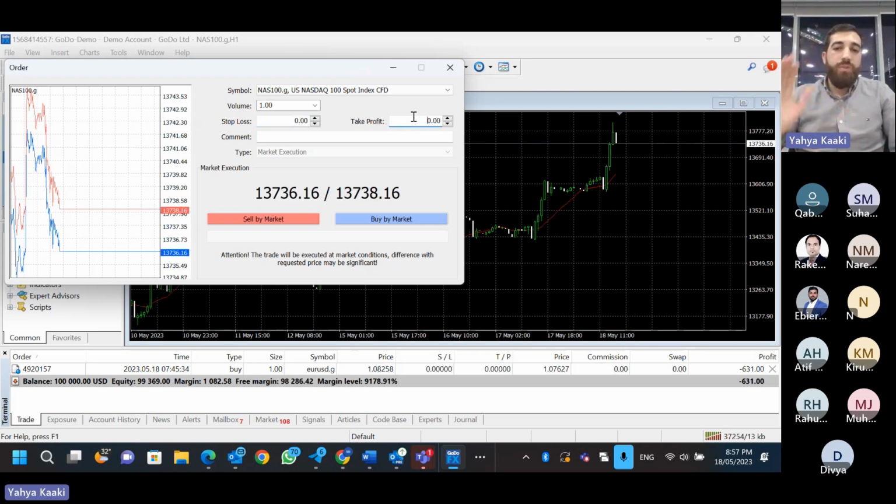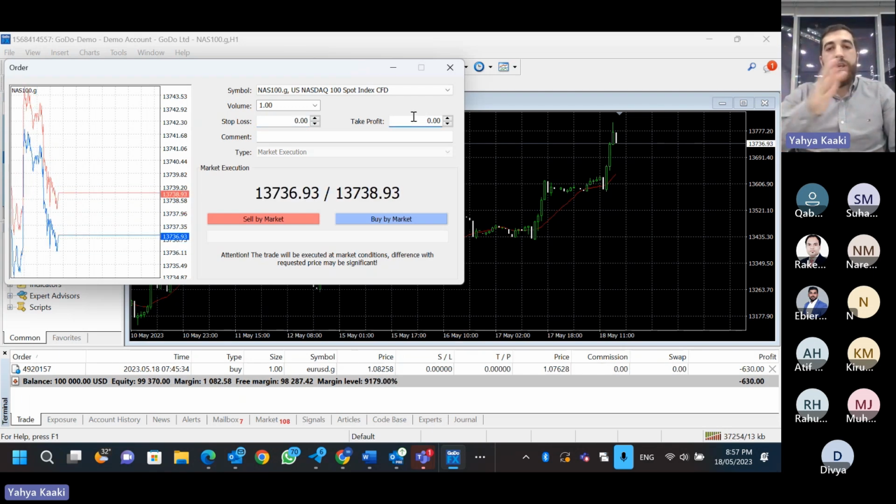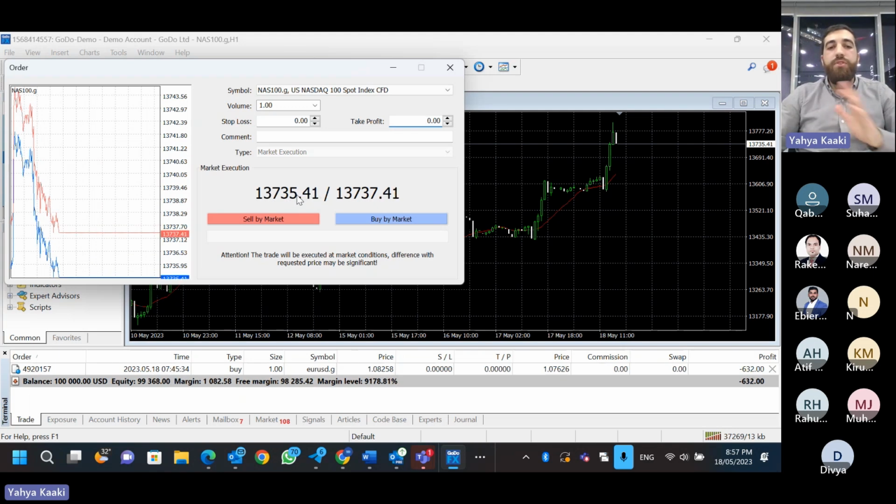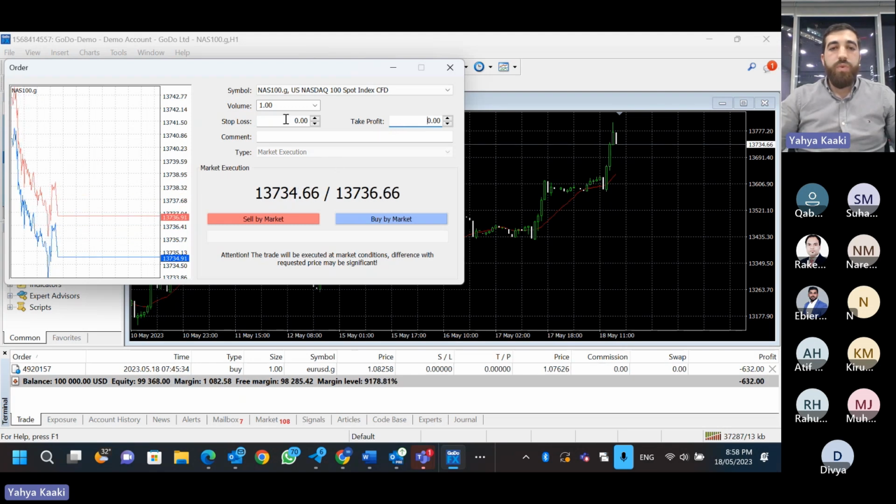So if I open Nasdaq now and keep it overnight, tomorrow morning I might see a swap. It depends how much the swap is, but it should not be that big. Of course, each one has their own platform and can check it. We'll be moving, and we will come back here. One second.